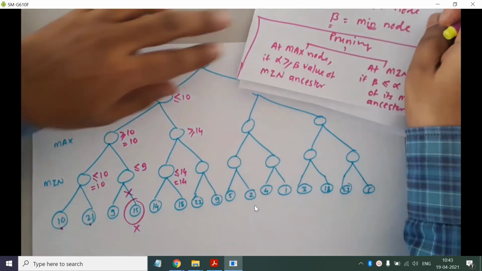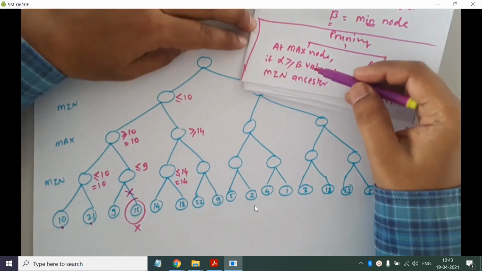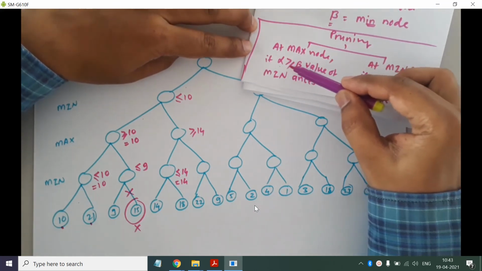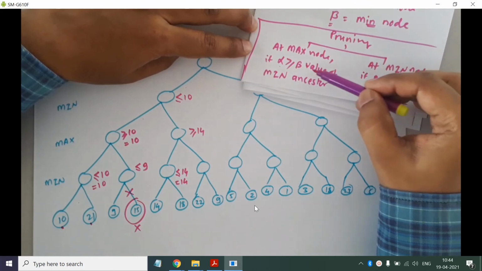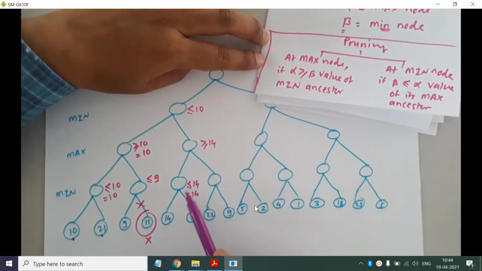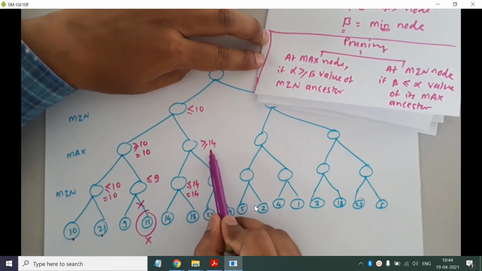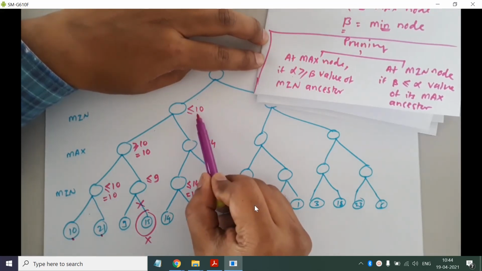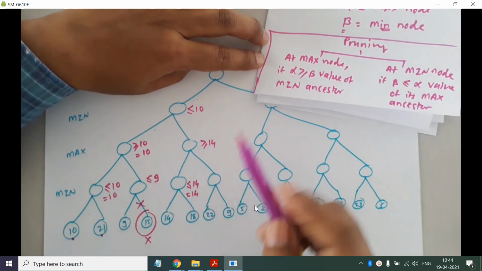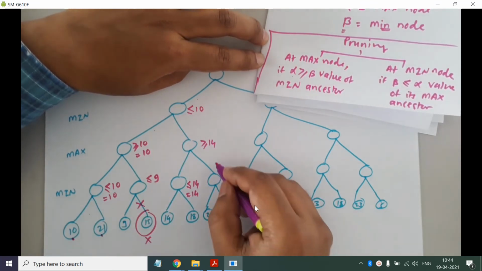The first case is: at a max node, if alpha becomes greater than the beta value of the min ancestor. Alpha 14 is greater than beta of the min ancestor. This is the min ancestor, right? So here you can prune, you can prune this branch.